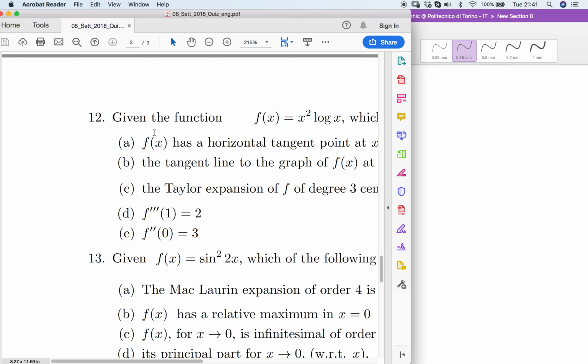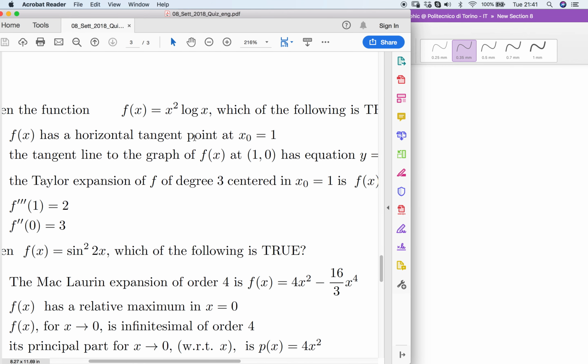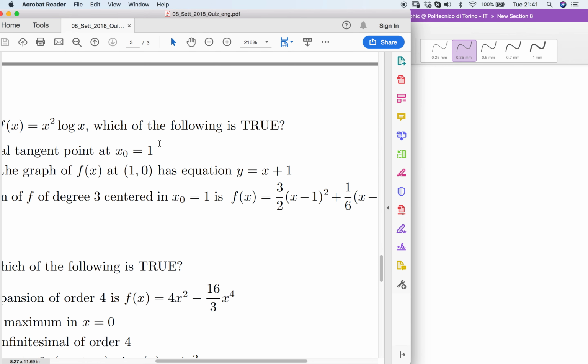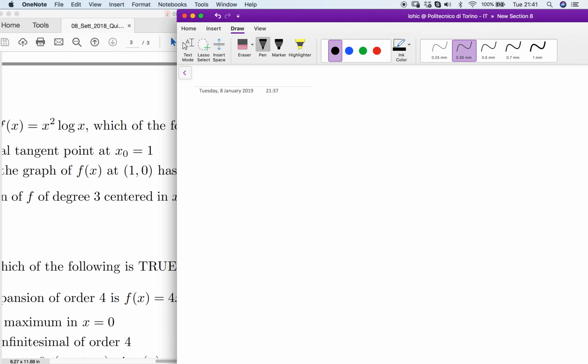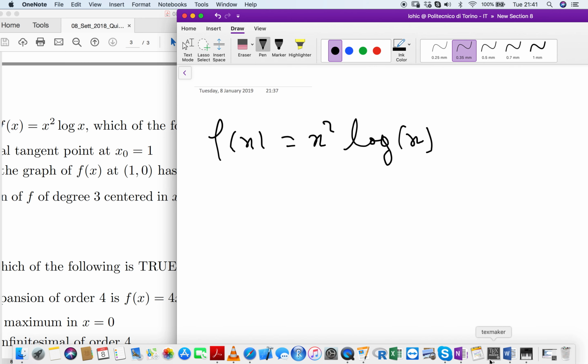Okay, nice. So quiz number 12. Given the function f of x equal to x squared times the logarithm of x, which of the following statements is true? We go on the board.